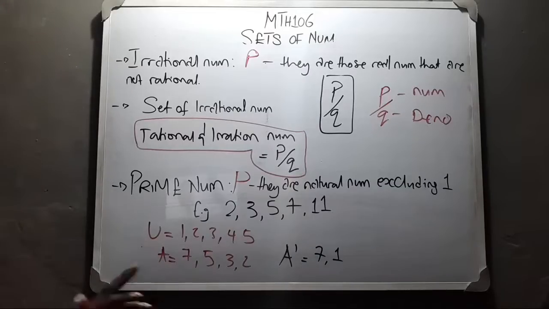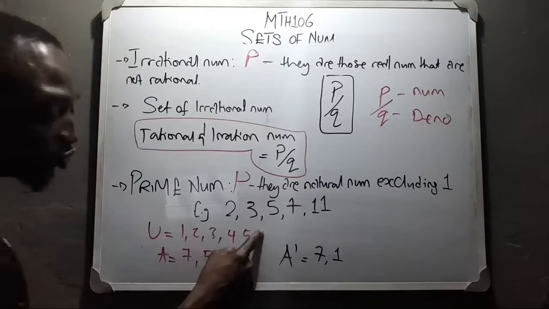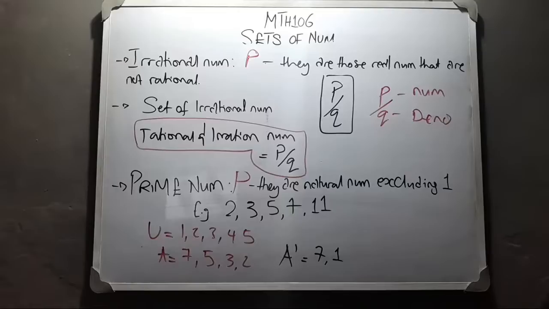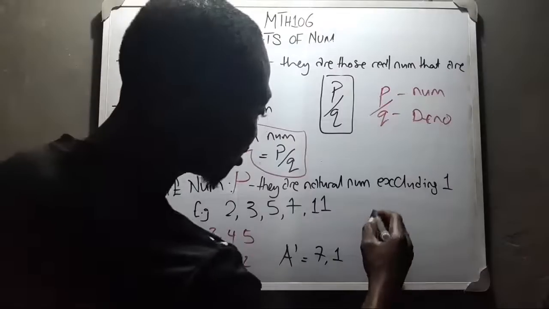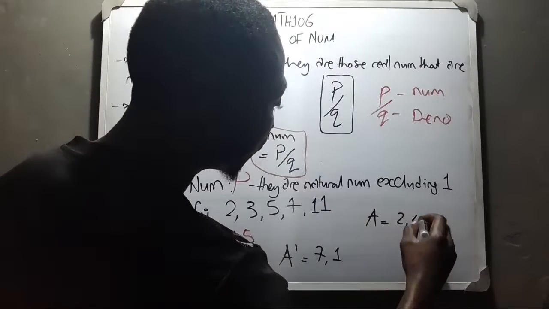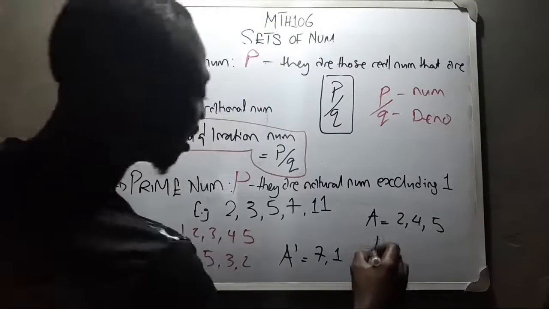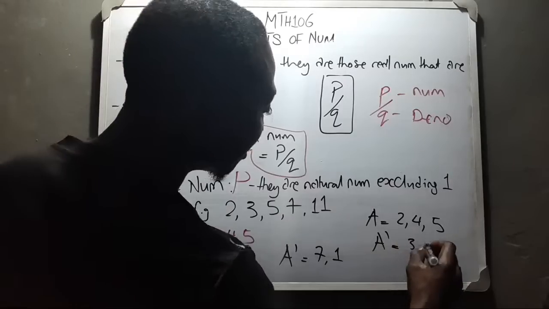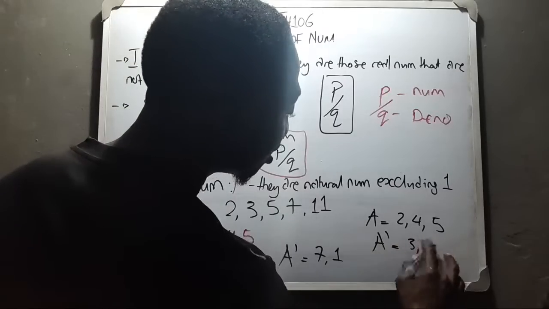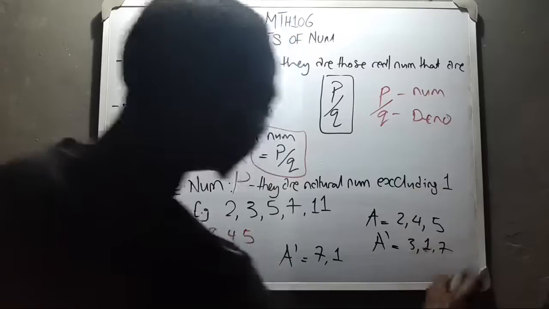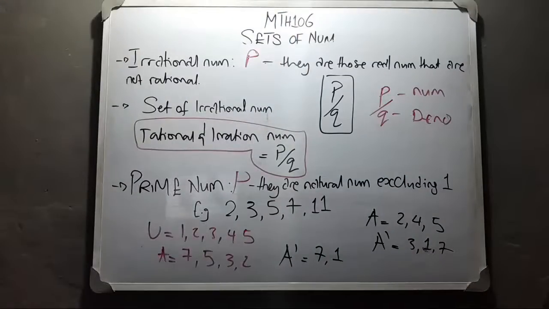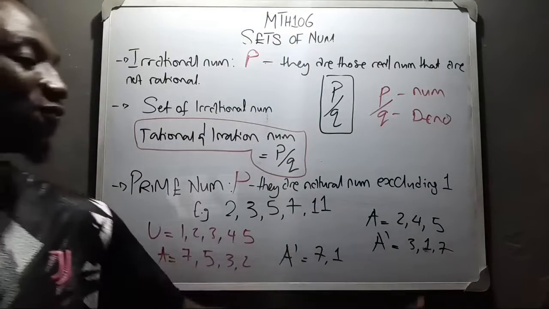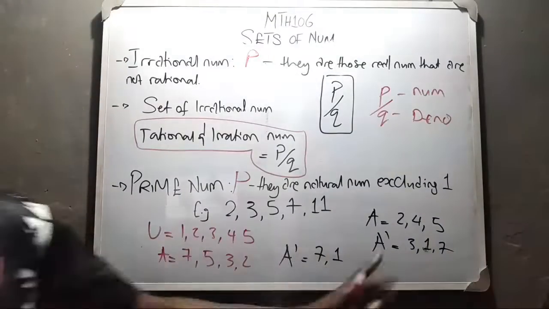Now, A complements are the things that do not belong to A but are found in the universal set. For example, if A is equal to 2, 4, 5, A complement is 3, 2, 3, 1, 7. The things that are not found in A.